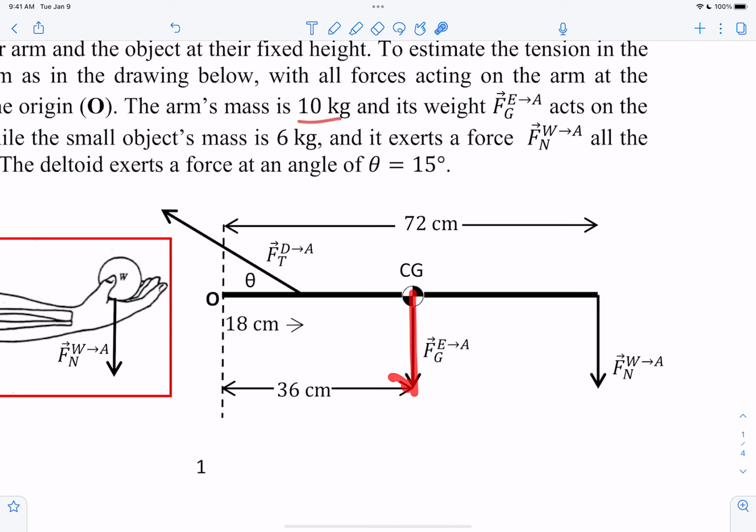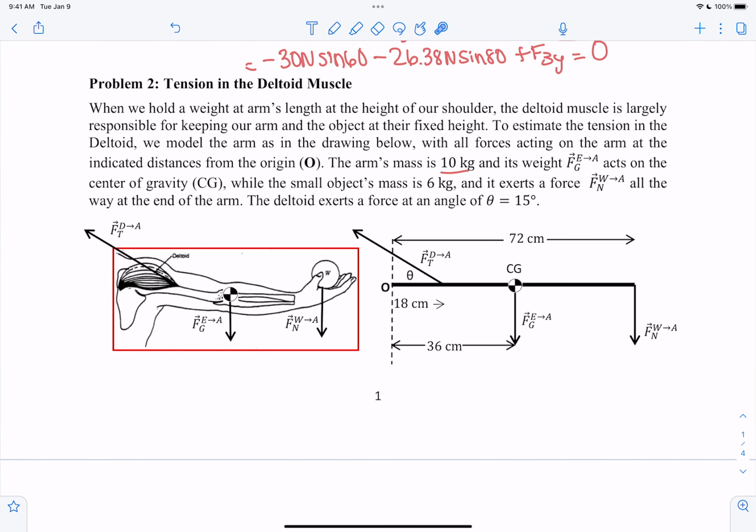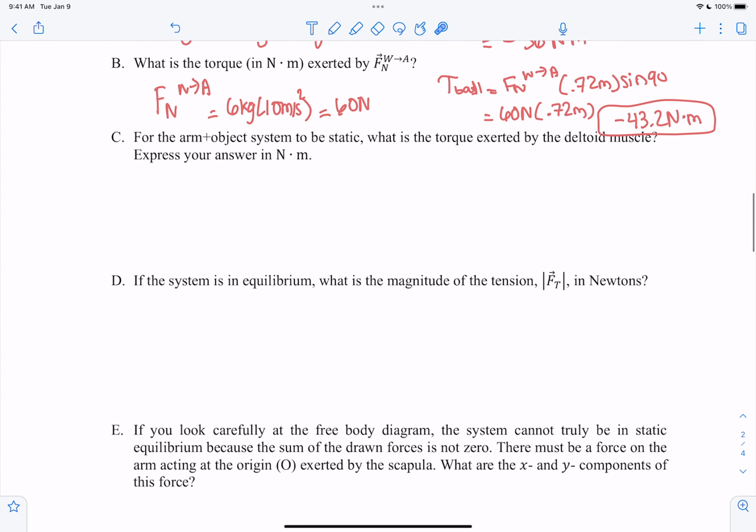So we have a force here exerting torque, a force here exerting torque, and a force here exerting torque. When we add up all the torques for each one, they should equal 0. That's essentially what it's saying. And especially for complete static equilibrium, not only do your torques have to cancel out, but the forces have to cancel out as well.